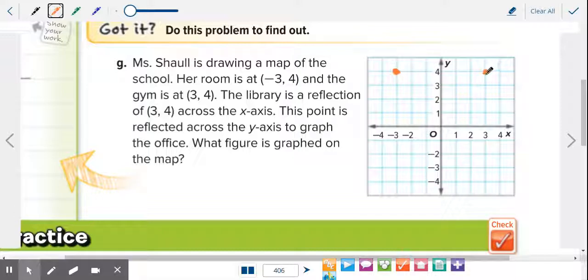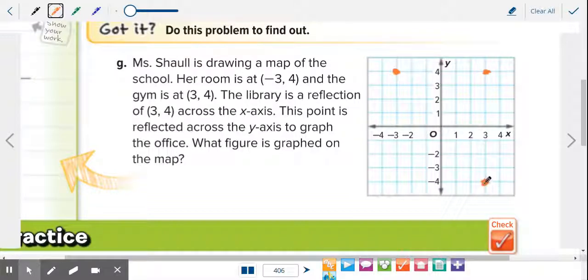So if we're reflecting over the x-axis, which one do we change? The y. So if this was 4, what's the opposite? So we literally just bring it down here. Okay, so then the point is reflected across the y-axis. So this point right here is then reflected over the y-axis.